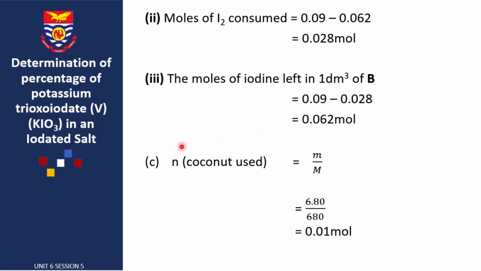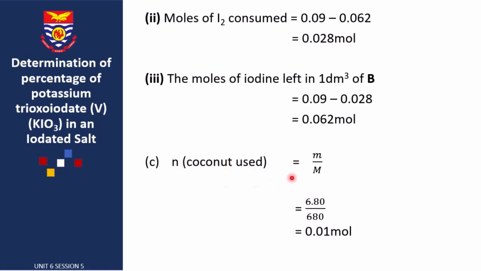The last part was to find the number of double bonds present, and here we just have to first find the moles of the coconut, so that we will divide the moles of iodine consumed by the moles of the coconut. Then we'll know the number of double bonds.